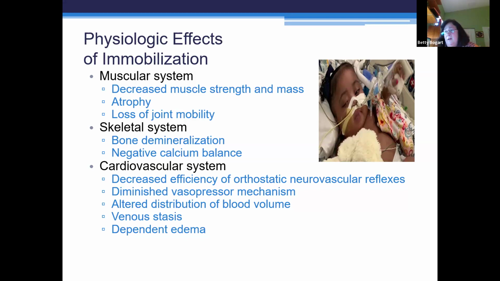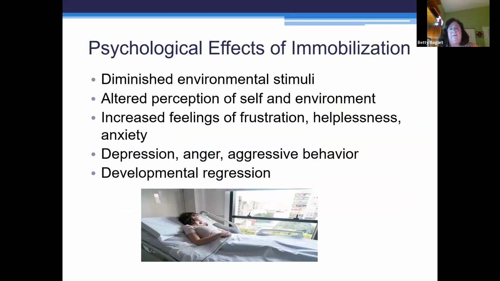Okay, heart and lungs, blood clots, atelectasis, dependent edema, and now we're talking possibility of sores, decubiti. Yes, children can get decubitus ulcers, whether on the hips, the coccyx, or sometimes the back of the heel, all of these things.